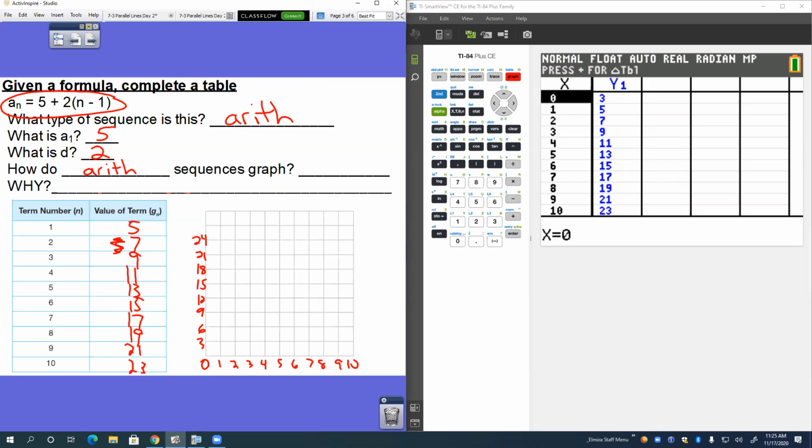You can find them all by hand. The easier way is to use the table. It's a lot quicker. All right, so let's graph these. Remember, this is your x value. So this is how many we're going over. This is how many we're going up.